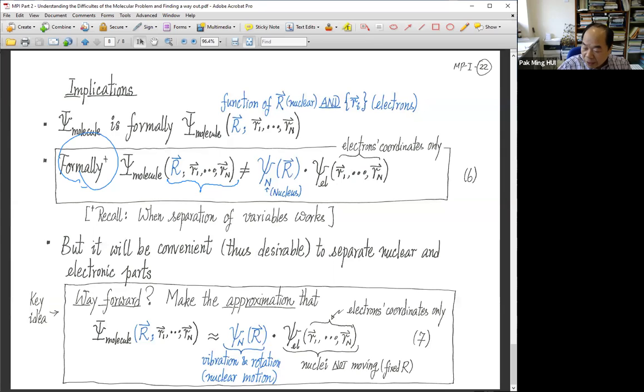And definitely, you cannot write it as a product of a nucleus coordinate wave function times an electron coordinates wave function. That is in principle wrong. Okay, do you get my point?